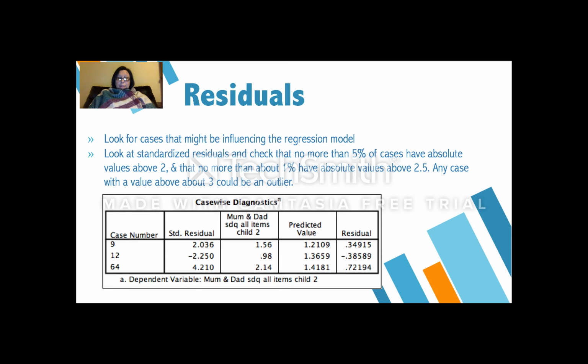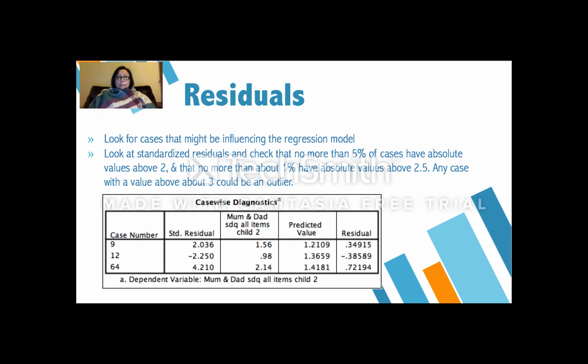And we have a sample of 118, so it's reasonable to expect 6 cases to have standardized residuals outside of those limits. In addition, 99% of our cases should lie within plus or minus 2.5, and so we would expect only 1% of our cases to lie outside these limits.